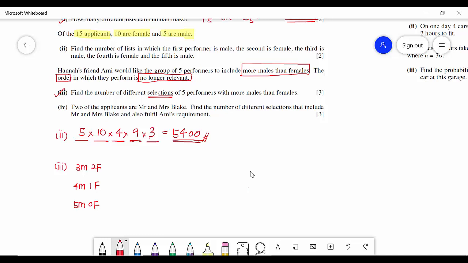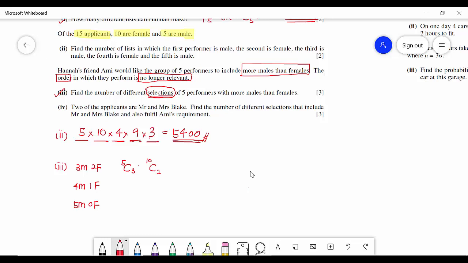So to get 3 males and 2 females, because of selection, we want to choose only. The sequence of performance is not important anymore, so we are using combination. You have 5 males in total and you want to choose 3 of them only. And you have 10 females and you want to choose only 2 of them, so it will be 5C3 and 10C2.